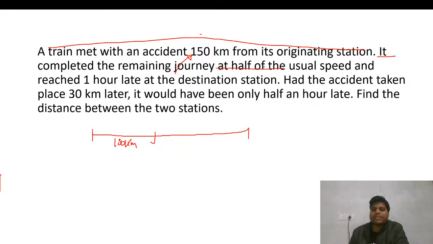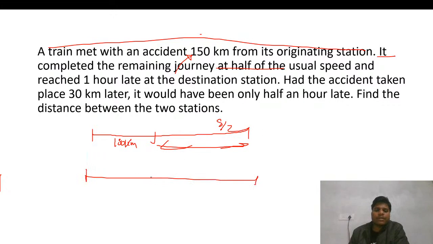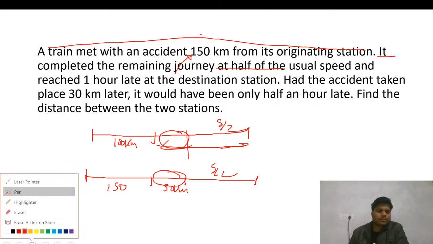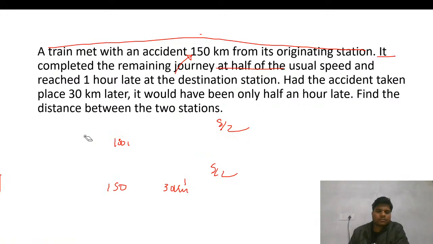It completed the remaining journey at half of the usual speed, so suppose s by 2. Suppose the accident happens 30 kilometers from here, and after it this part is covered. So we have to focus on this part. Suppose your normal speed is s and time is t.